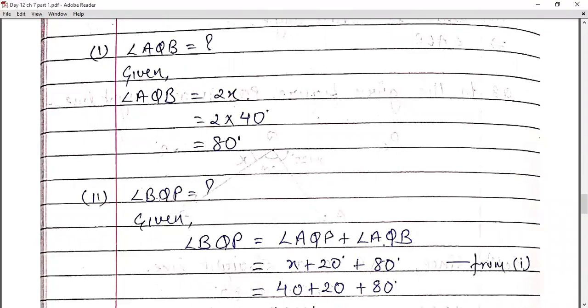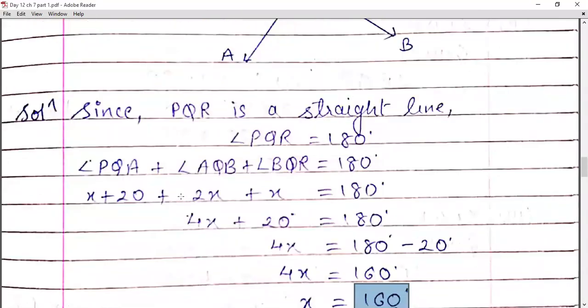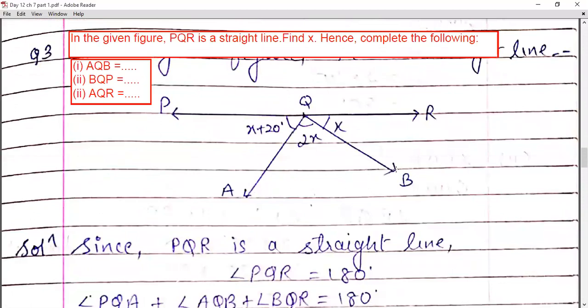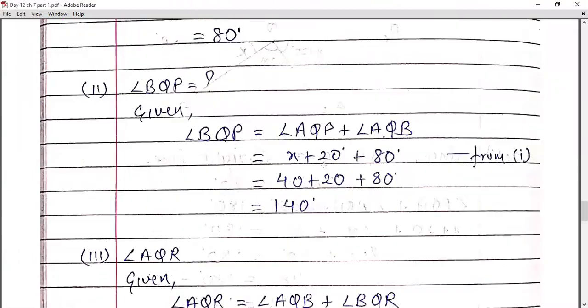Find angle BQP. You can see in the diagram, angle BQP has 2 angles, angle BQA and angle AQP. So we'll write angle BQP as the sum of these 2 angles, and then we will substitute their values.